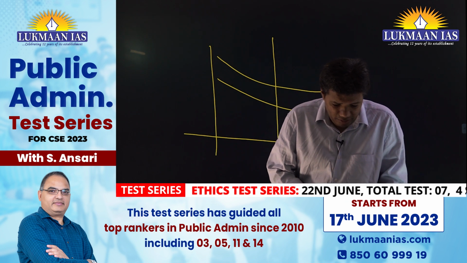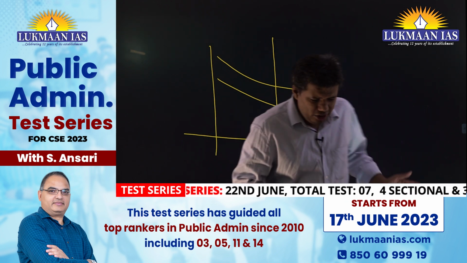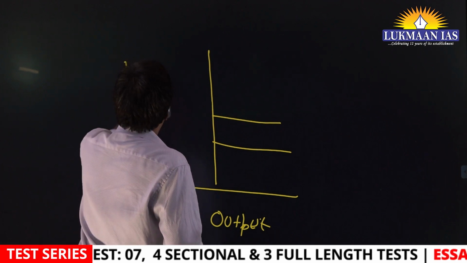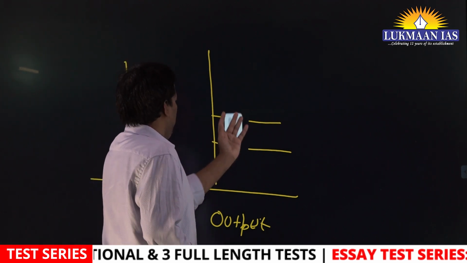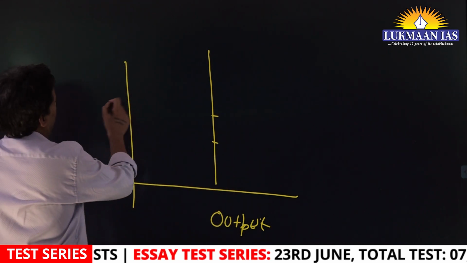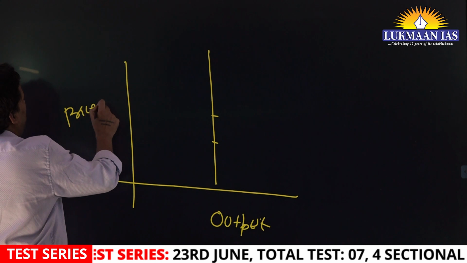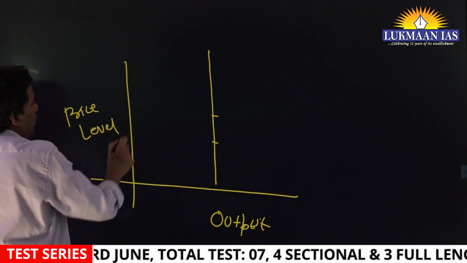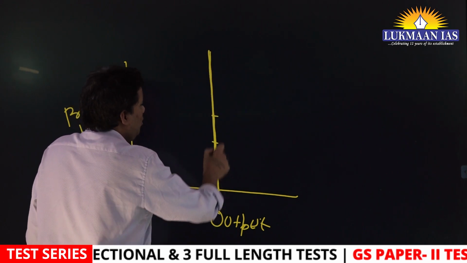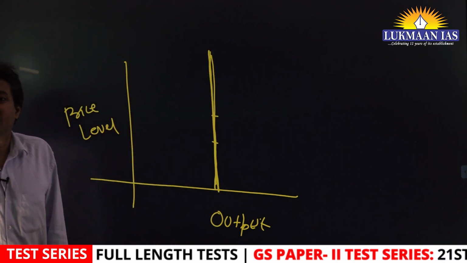Aggregate price level. Otherwise, you can draw it like this as well. We are not bringing in demand at present. So this is your price level. What does it directly say? This is constant, as per the classical school.